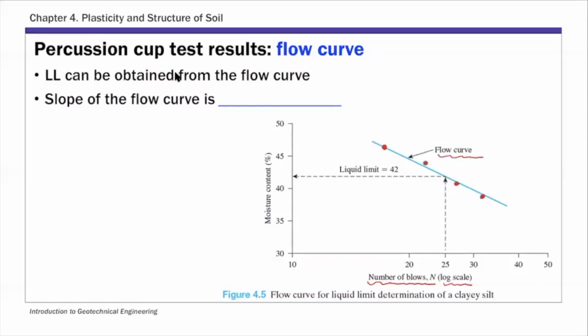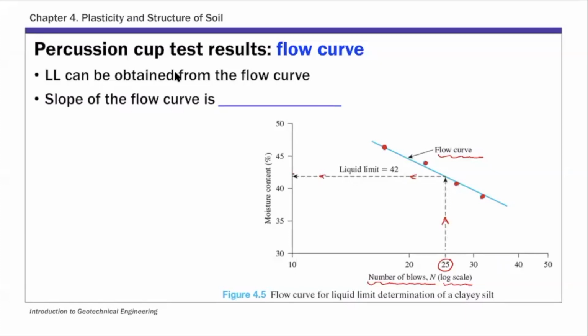And by definition, liquid limit is the moisture content corresponding to an N value of 25. So once you have this flow curve, you start from the x-axis. So you find the 25 value. So that's N equals 25. And then using this flow curve, you find the corresponding moisture content.